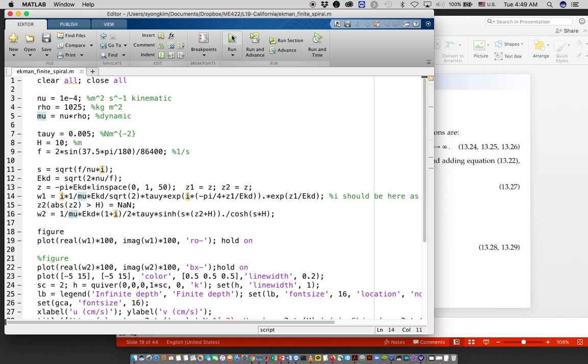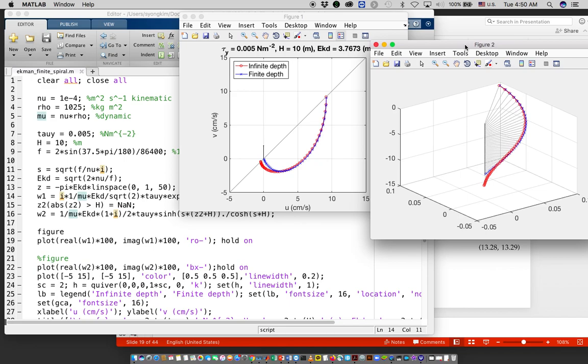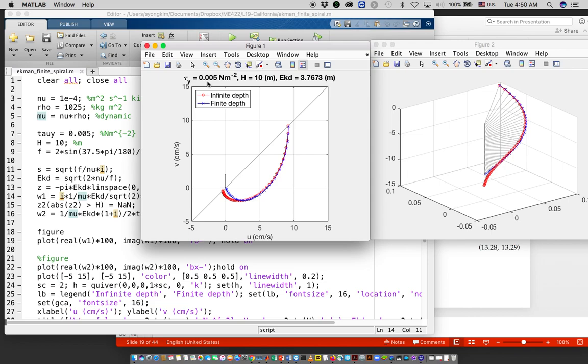So if I run this one, you can see the profile. For example, you have 10-meter depth given stress tau y, and I plot U and V in the same units, minus 5 to 15, minus 5 to 15, so this is a square box and the diagonal will be 45 degrees. So with wind blowing in the y direction, the surface current will be 45 degrees to the right of the wind direction.